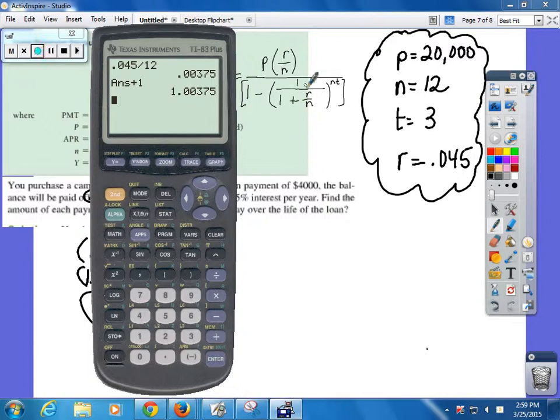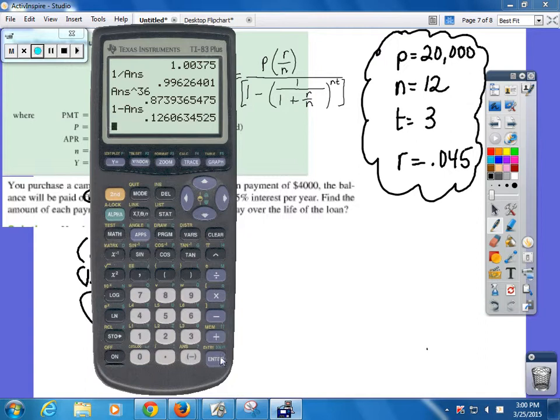Then I'm going to divide 1 by that number, and raise it to the NT power, which is 12 times 3, which is 36. And then I'm going to subtract that number from 1, and I get 0.12606.